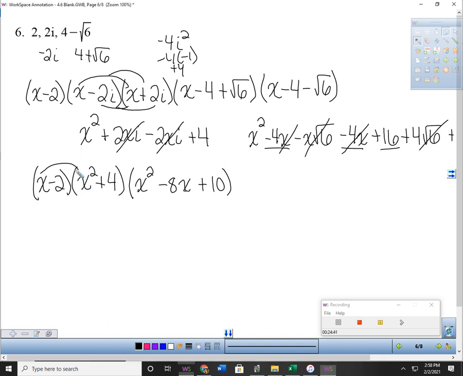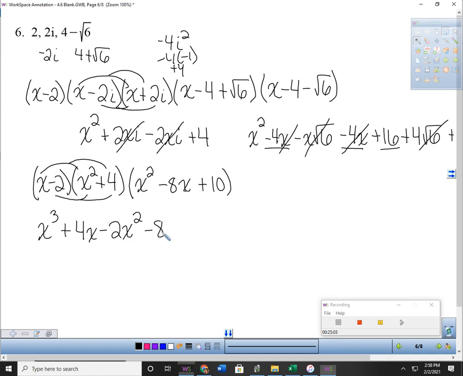So x times x squared is x to the third. X times 4 is 4x. Negative 2 times x squared is negative 2x squared. And negative 2 times 4 is negative 8.